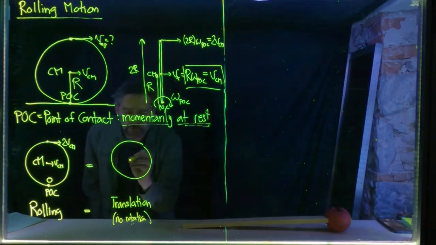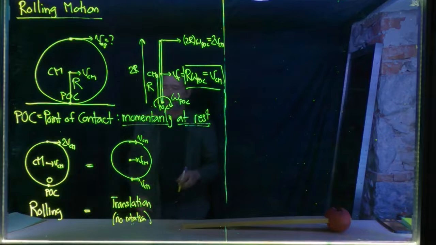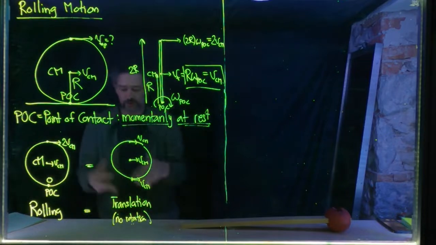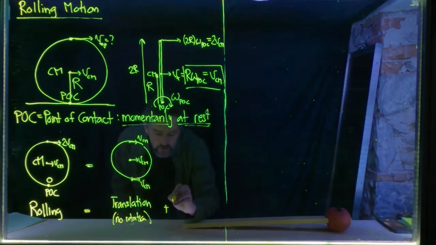Okay, so the center point is moving with the velocity VCM, as are every other point on the wheel, including the top with a velocity VCM, and the bottom with a velocity VCM. Okay, and now the claim is that rolling is translation with no rotation plus rotation with no translation.